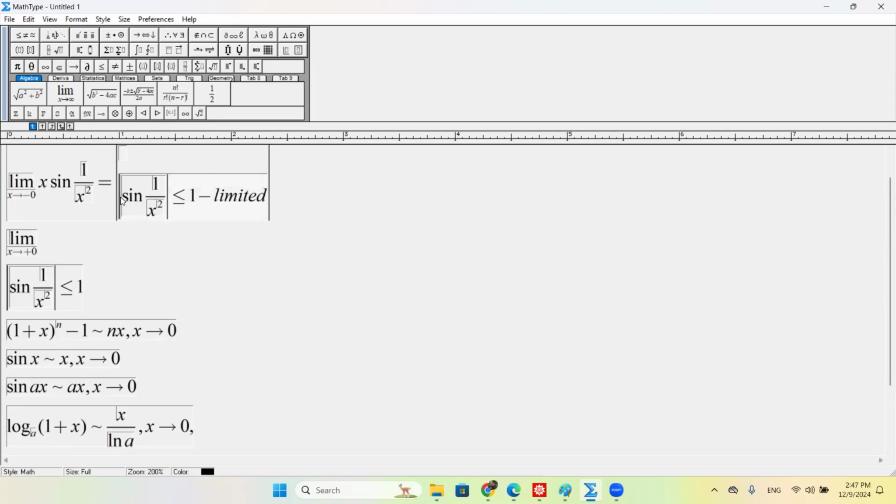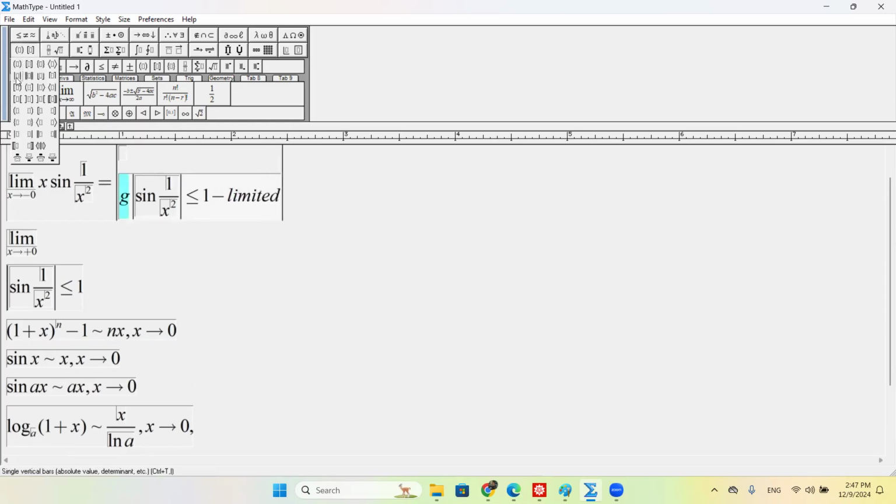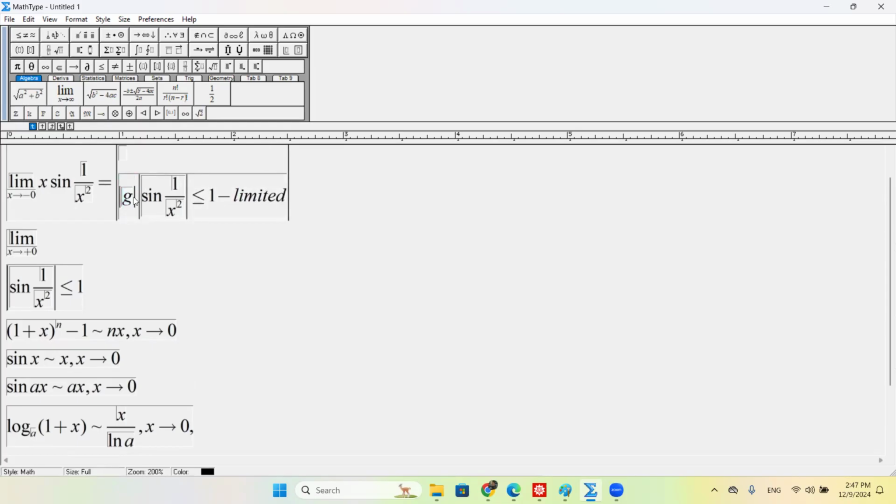And function g of x and f of x, what we call it h of x, because it is their product.